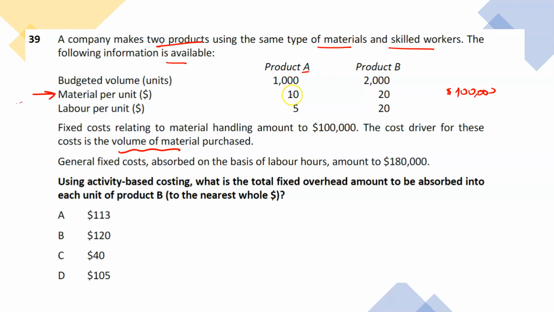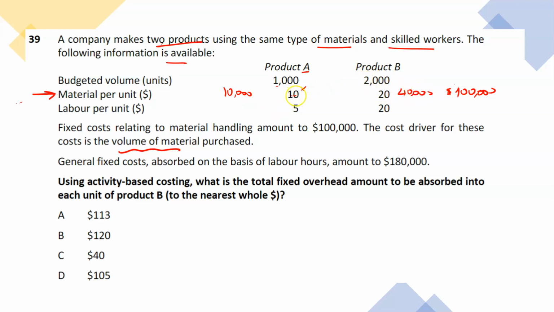So I think the safest thing is to calculate how much you spent on all the material. Here you would have spent 10,000, because 1,000 times 10 is 10,000, compared to here, 20 times 2 is 40, so 40,000.